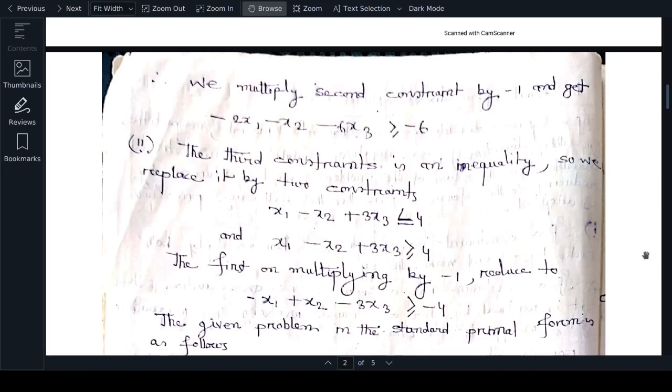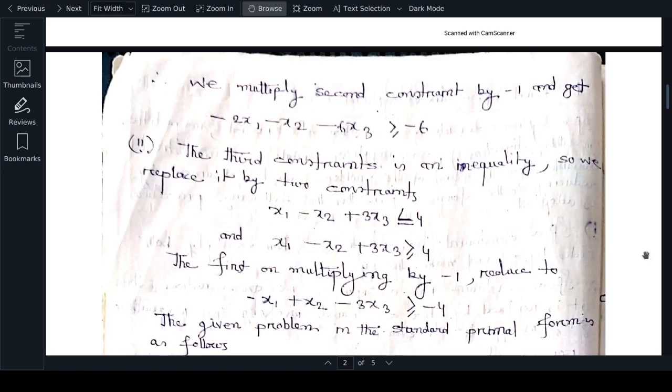Then here we make it into the standard primal form. It is a minimization problem, so all inequality symbols should be greater than. In the third constraint, one is less than and one is greater than. So where the less than symbol is present, you make it into greater than.